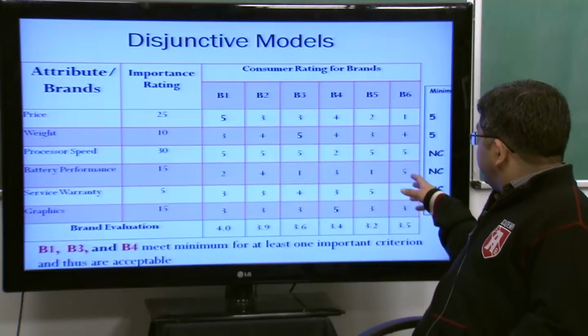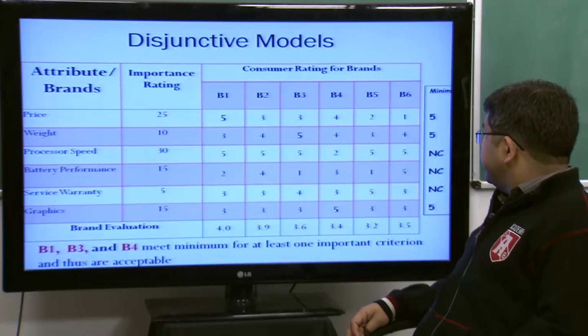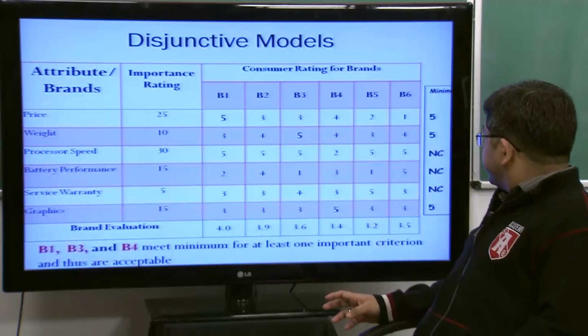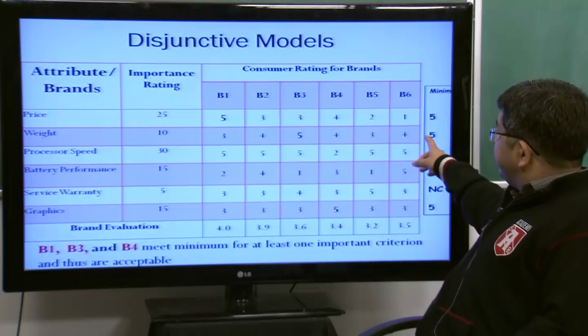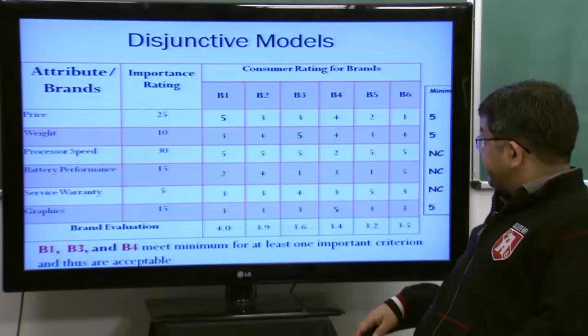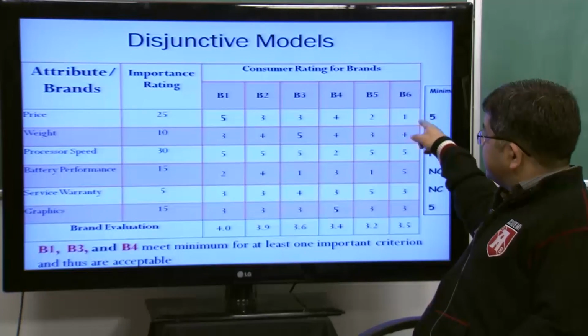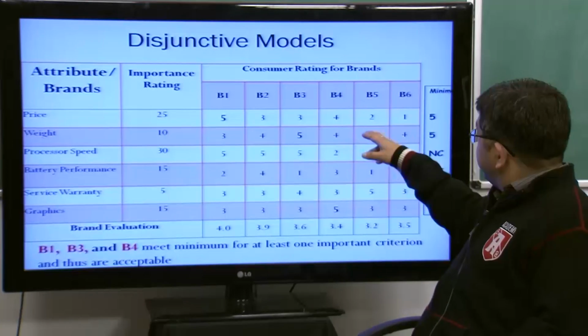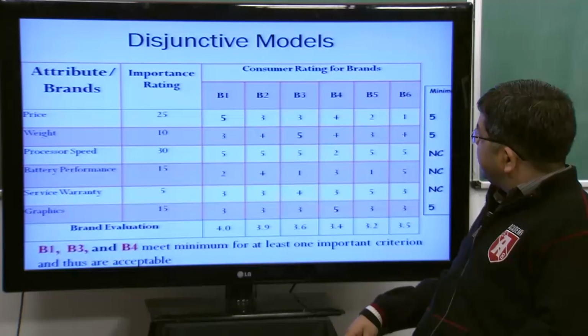So, here you see the consumer has just 3 attributes: price, weight and graphics as the 3 most important criteria for him, and then he sees which brands do better on these. Any brand that does well on any one of these criteria is chosen. Brand 1 does well on price, so its score is 5.